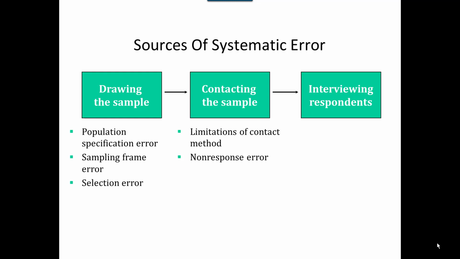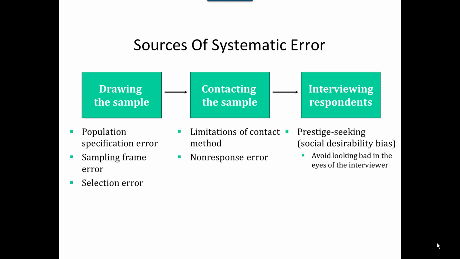At the last stage of the survey, when respondents are interviewed and the responses recorded, a number of errors can arise. While these can occur regardless of the contact method, they are most likely to occur when respondents are interviewed by phone or in person, because the face-to-face nature of the interview process exacerbates the problem. Prestige seeking, also known as social desirability bias, occurs when respondents try to look good in the eyes of the interviewer or try to conceal socially undesirable behavior or attitudes.